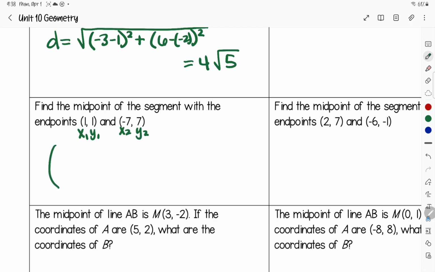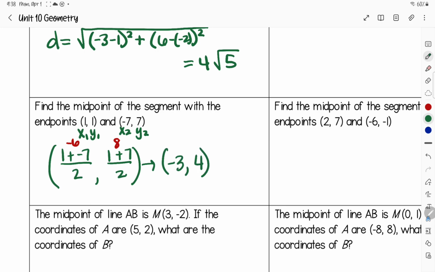So we're going to get x1 plus x2 divided by 2, and then y1 plus y2 divided by 2. So 1 plus negative 7 is negative 6, and 1 plus 7 is 8. When I simplify, I get negative 6 over 2, which is negative 3, and then 8 over 2, which is 4.